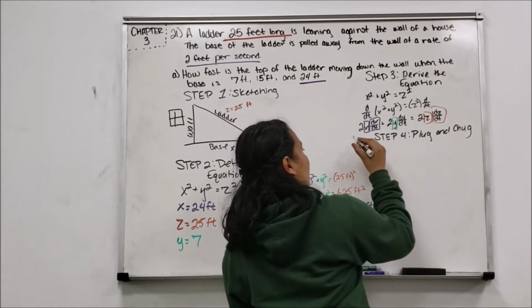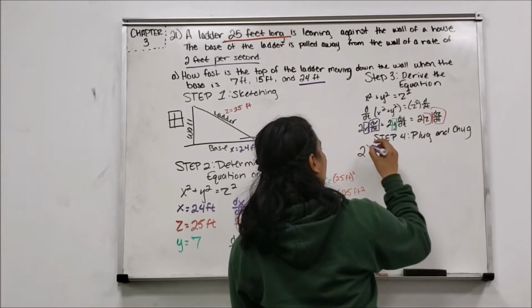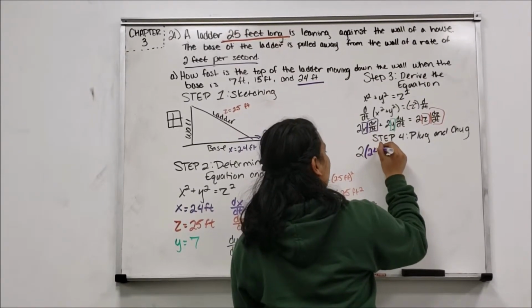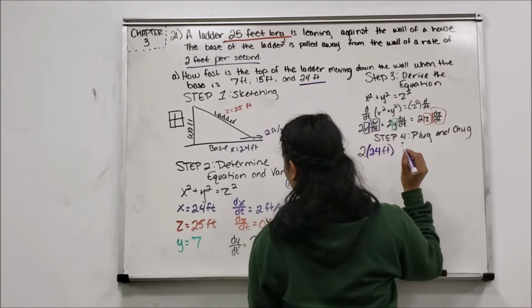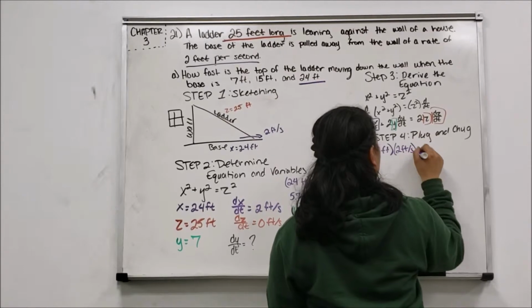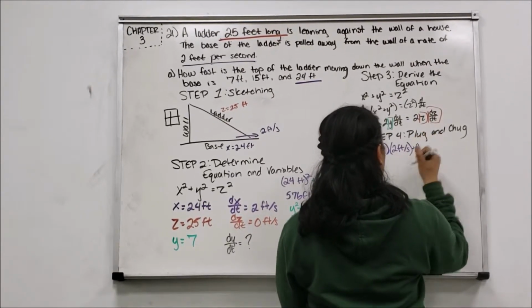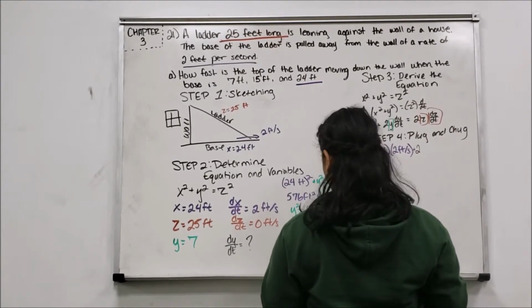I'm going to carry the 2 down. I'm going to times by 24 feet. I'm also going to times by 2 feet per second plus our 2 times our y, which is 7.